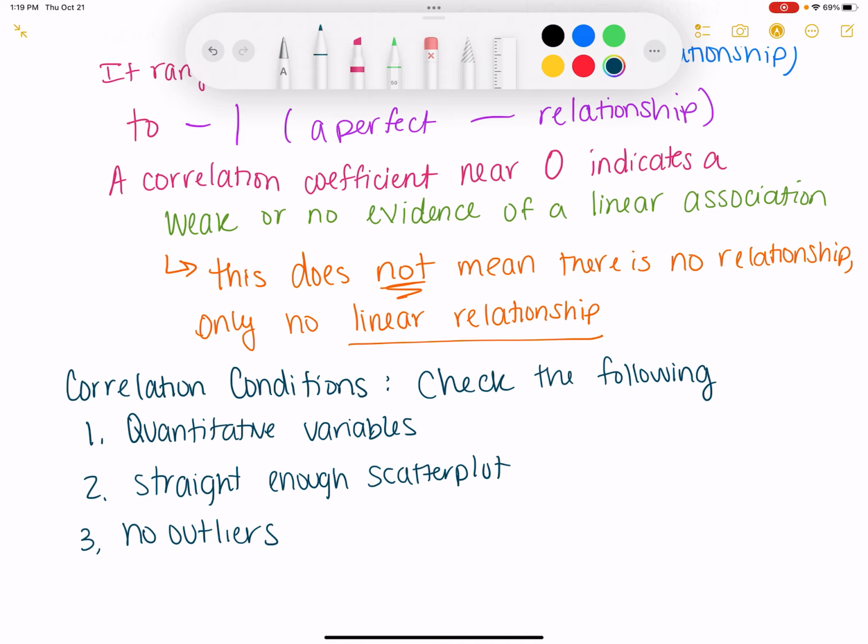Now, you may be saying, why is she emphasizing this? I may ask you to draw a scatter plot of something with categorical variables. What are you going to tell me? Say no, you can't do it. And then you're going to tell me that you need quantitative variables.